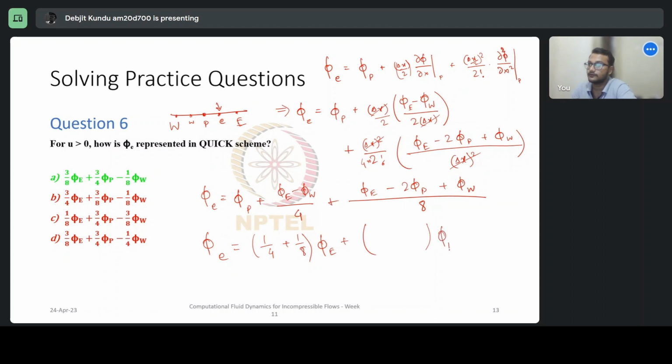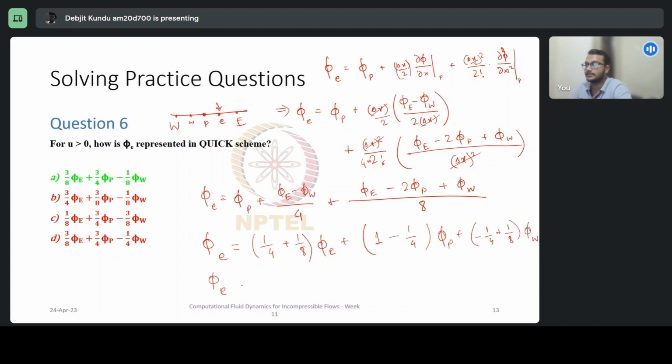For phi p, I'll have 1 up front and then minus 2 by 8. So that can be written as minus 1 by 4. And for phi w, I'll have minus 1 by 4 from the second term and plus 1 by 8 from the third term.